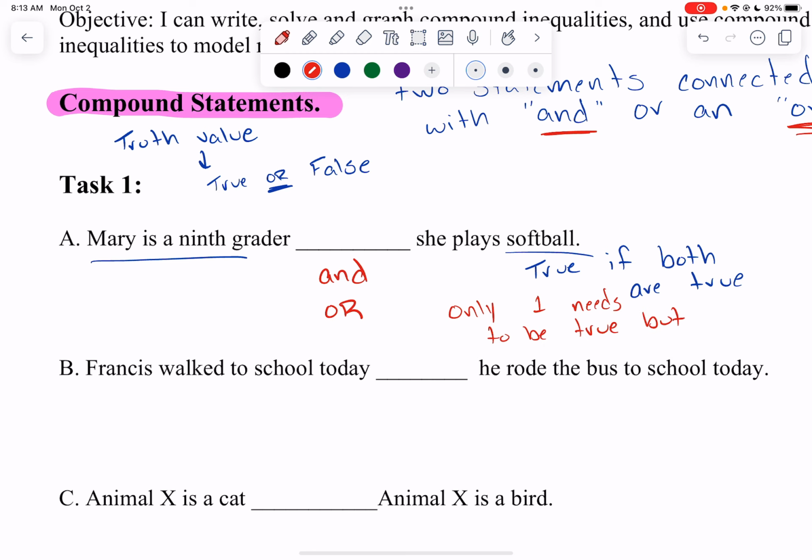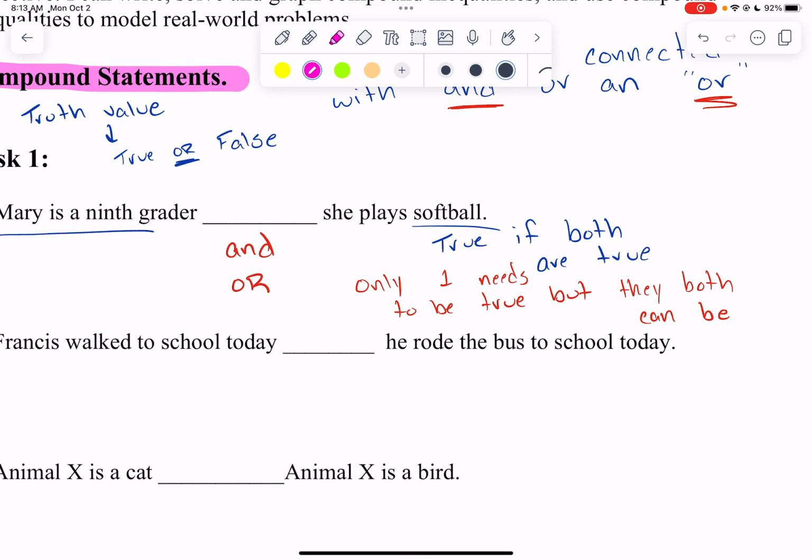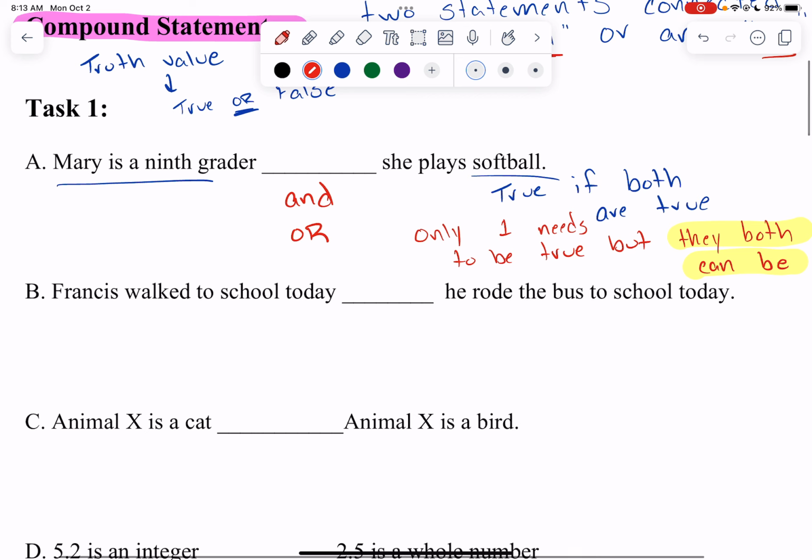But they both can be. They both can be true is how or in mathematics and logic is different from or in everyday language.